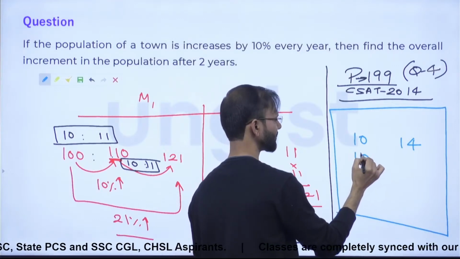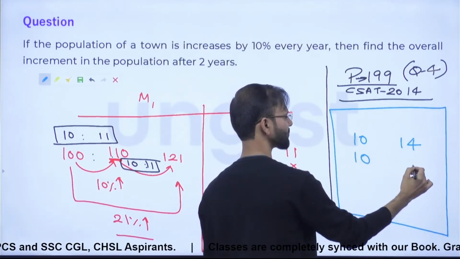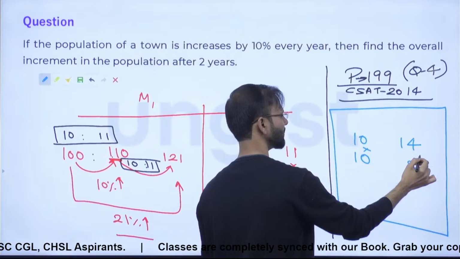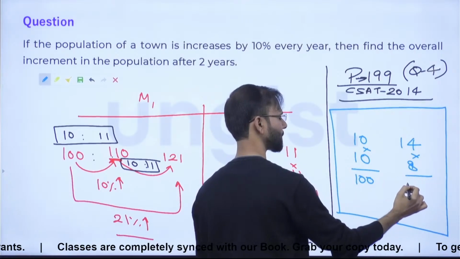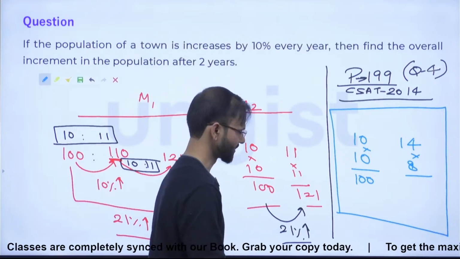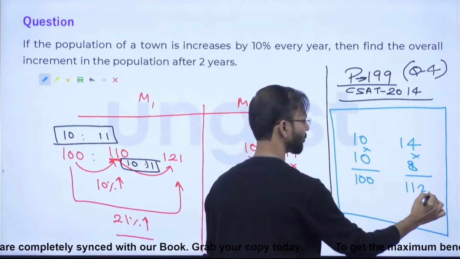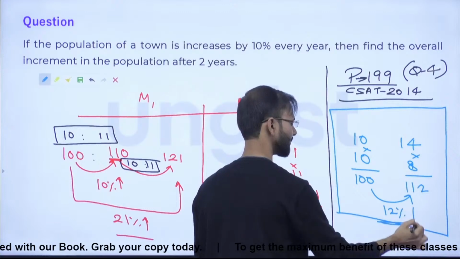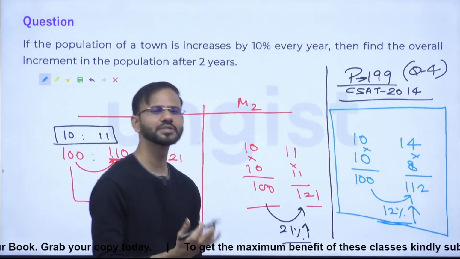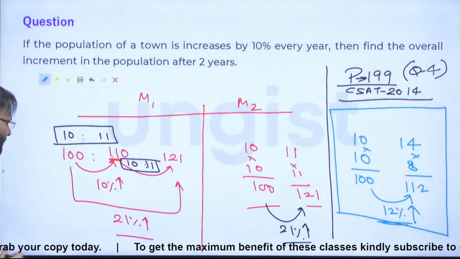With decrease by 20%. So if it was 10 initially, then finally it was 8. Right? So all of you, what is this? This is 100. And what is this? Tell me. Yes, 112. So overall it is an increment of 12%, guys, right? So the final area of that rectangular garden is increased by 12%.